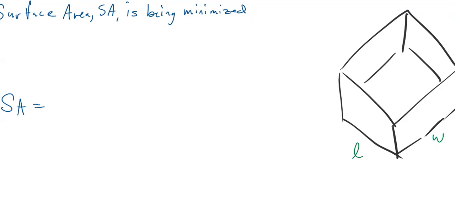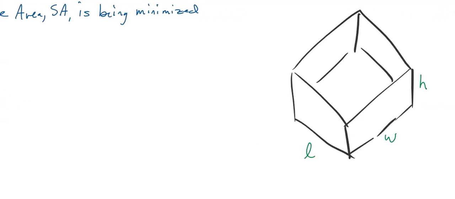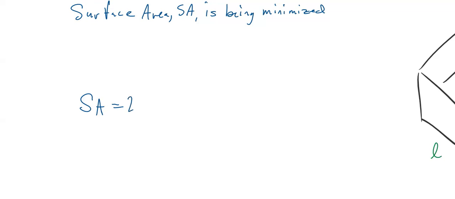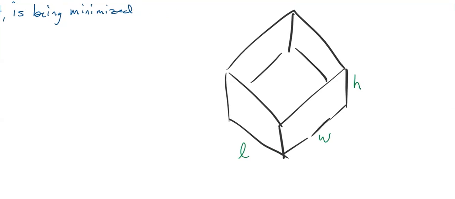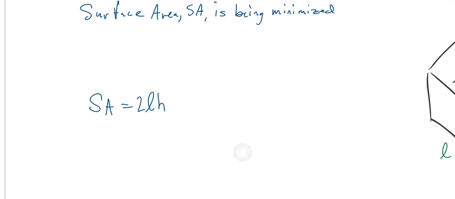I have this side here, which is length times height, and it's equal to this one over here, so there's two of them. So 2 times length times height. And then I've got this side here, which is width times height. And I've got two of them because this one's going to be equal to that one.